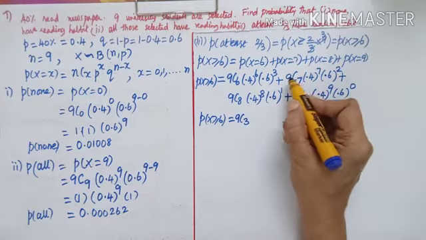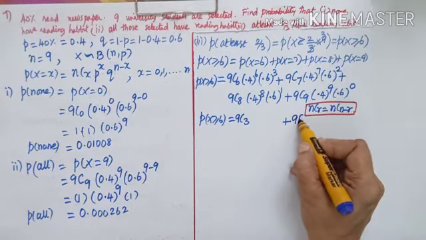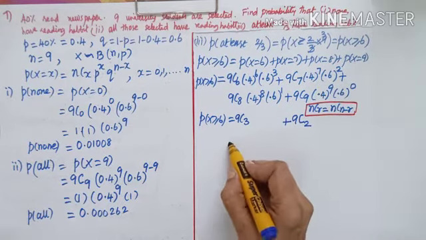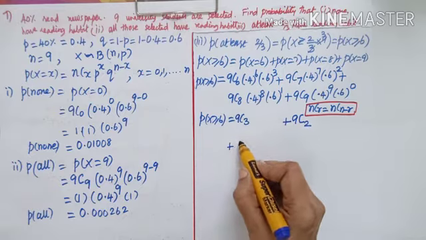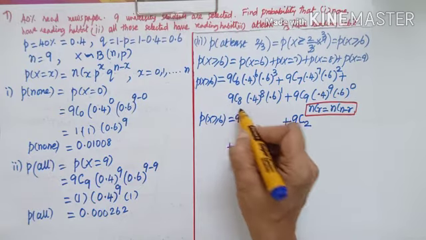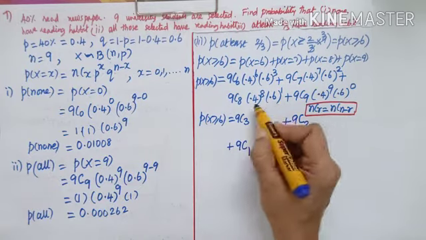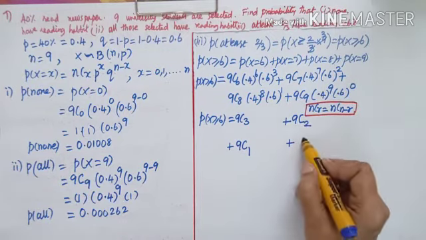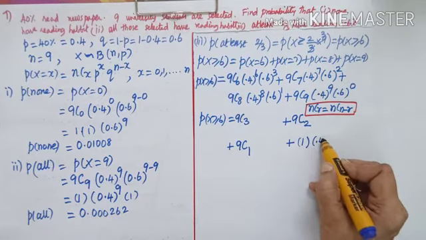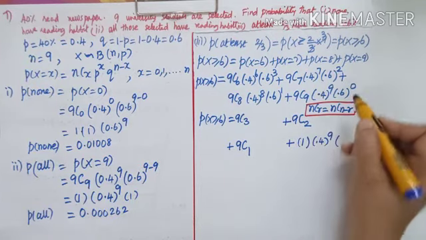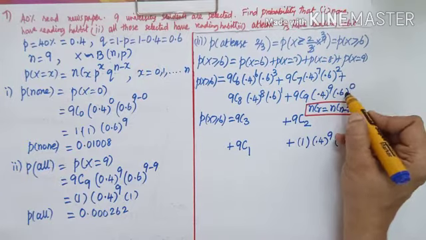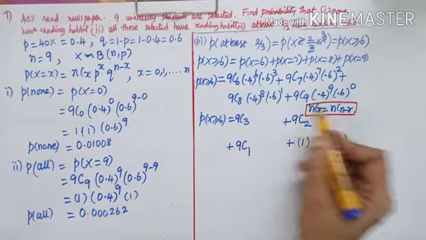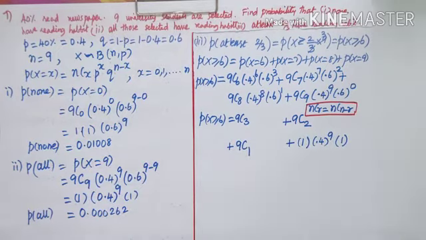Same way, 9C7 can be written as 9C, 9 minus 7 is 2, and find the remaining. Plus 9C8 can be written as 9C, 9 minus 8 is 1. Then multiply these two and write. Plus when same number comes, my answer is 1. So I need to find 0.4 power 9. 0.6 power 0, the power 0 also gives us 1. Now use calculator, simplify the answer.